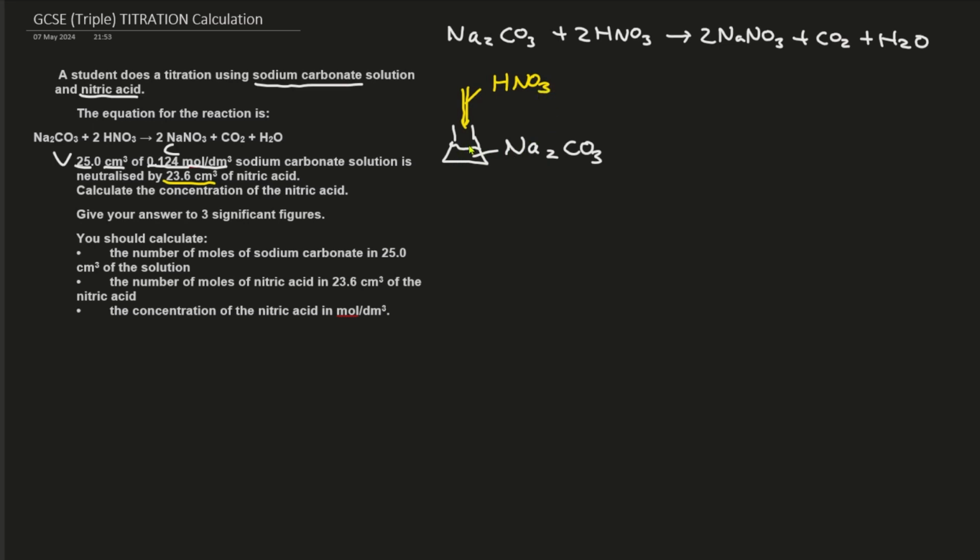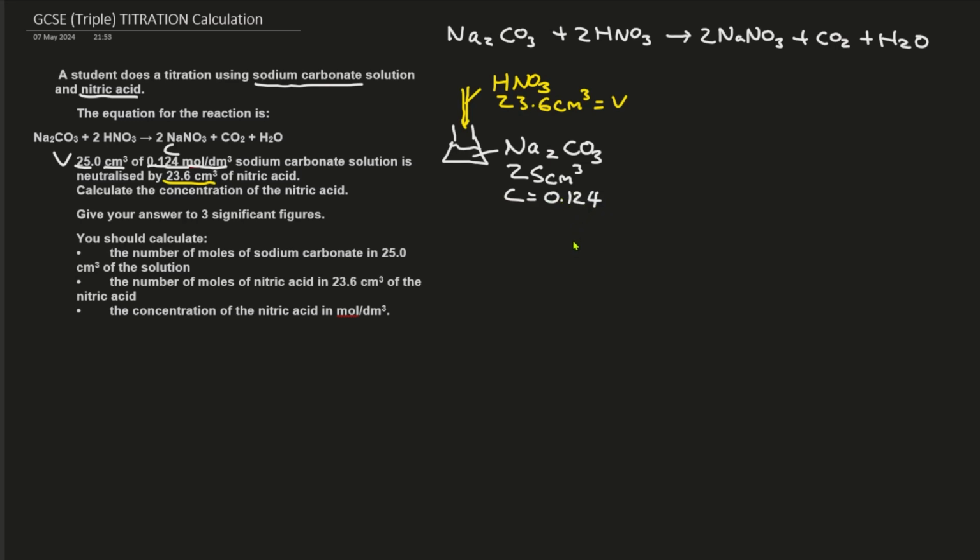Okay, these two react together, and so we know that we've got 23.6 centimeters cubed volume of nitric acid, and we also know that we have 25 centimeters cubed of our sodium carbonate and a concentration of 0.124.